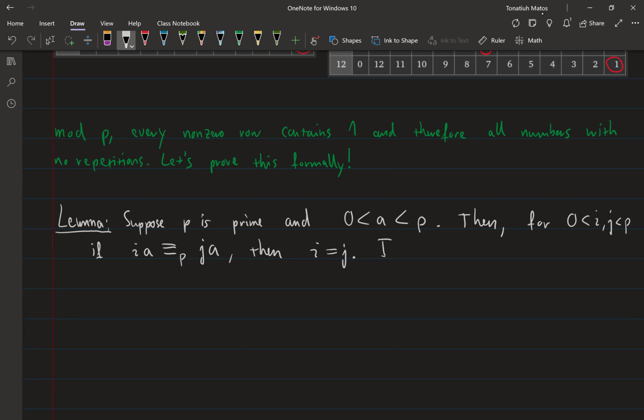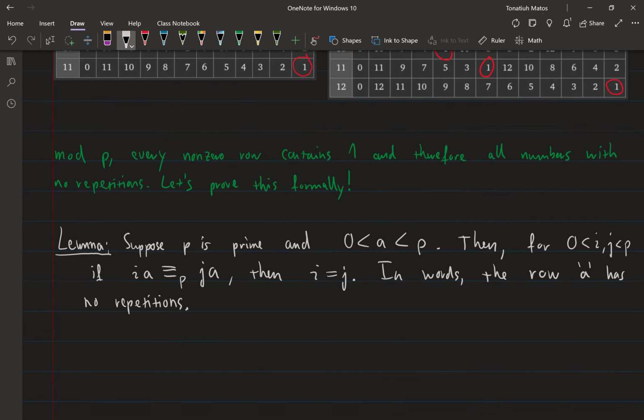So in words, the row A has no repetition. Right? Does this make sense?